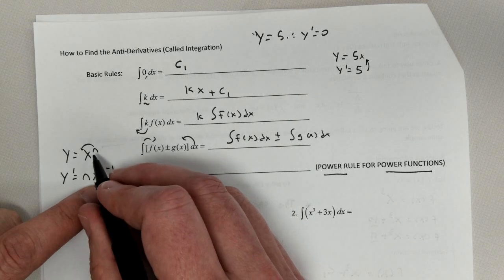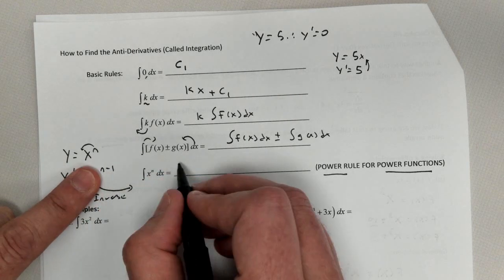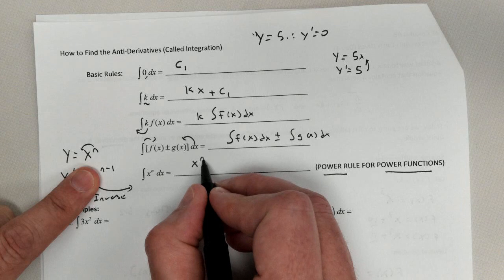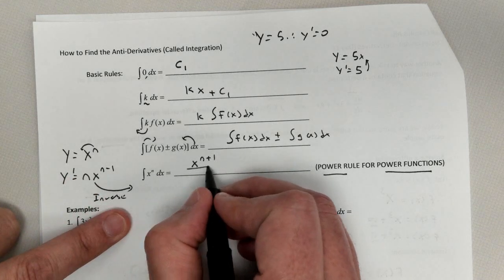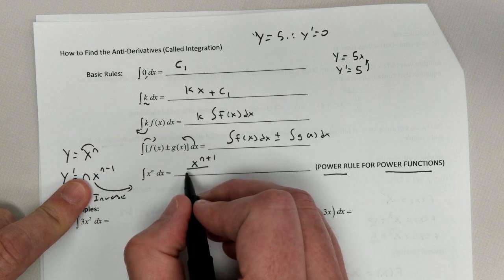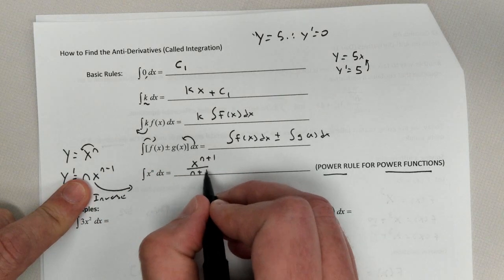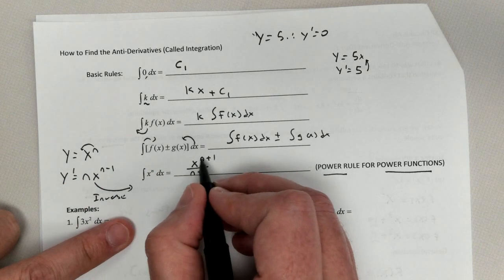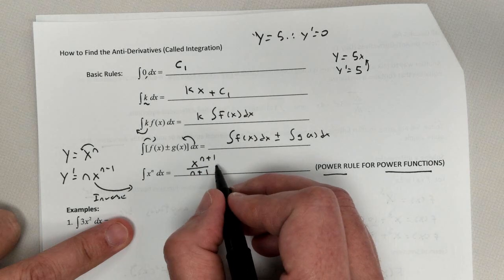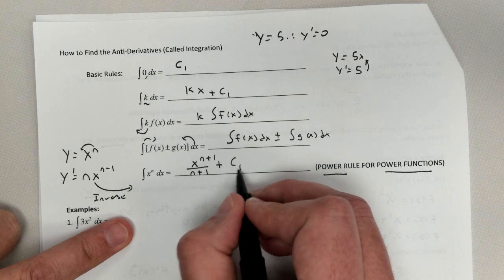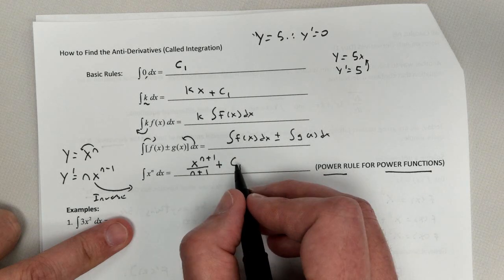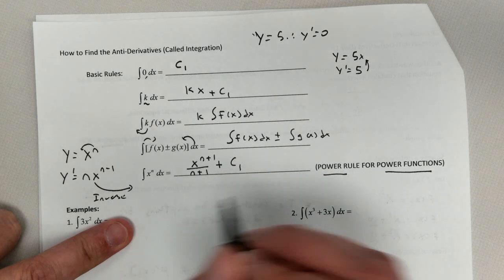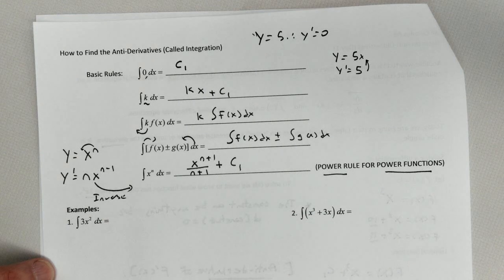Instead of subtracting 1, we are going to add 1 to the power. And instead of multiplying by n, we're going to divide by this n plus 1, our new power. So we get x to the n plus 1 over n plus 1, and then you get your constant. So you're going to add, divide, and add your c right there. And there's our power rule.